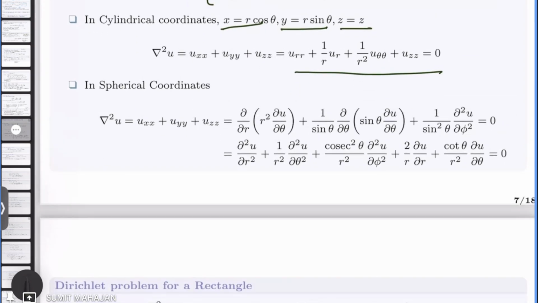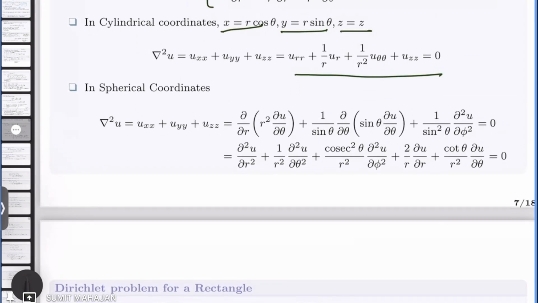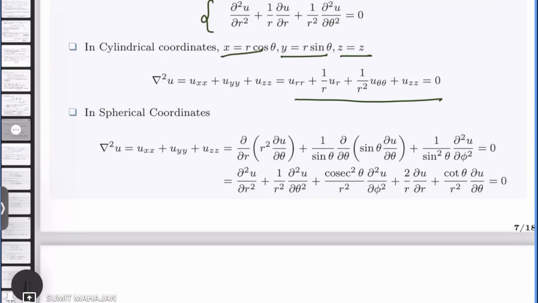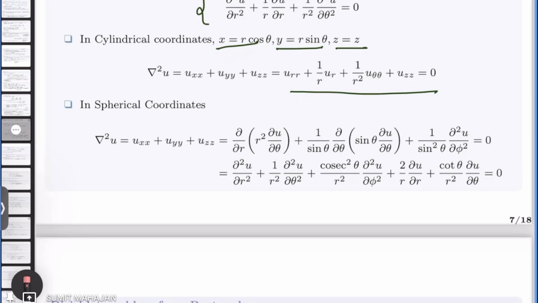And in the spherical coordinate system, we can take x equals r cos theta cos phi. We should write it here. Sorry, x equals r sin theta cos phi, y equals r sin theta sin phi, and z equals r cos theta.